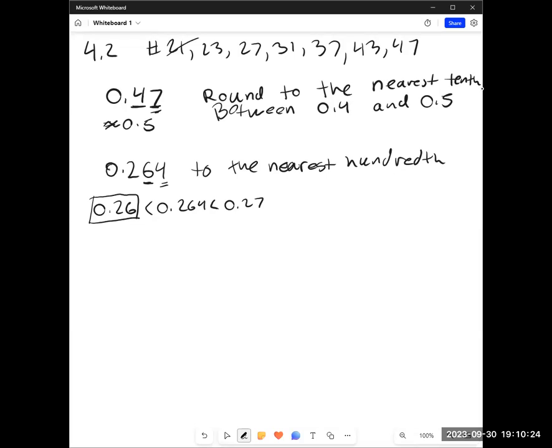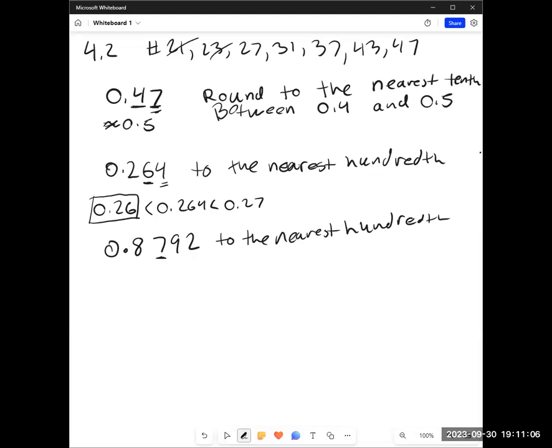Let's look at this next one. So we want to round 8,792 10,000ths to the nearest hundredth.